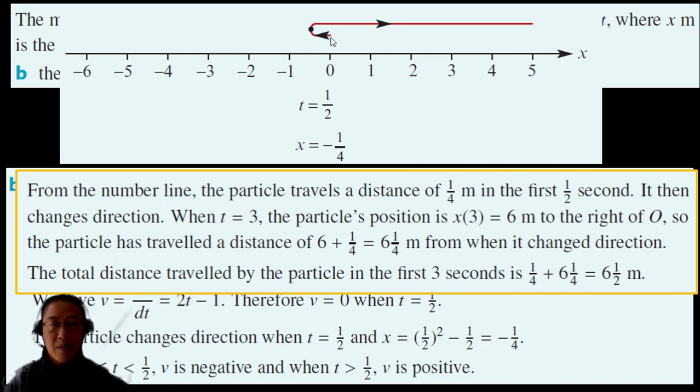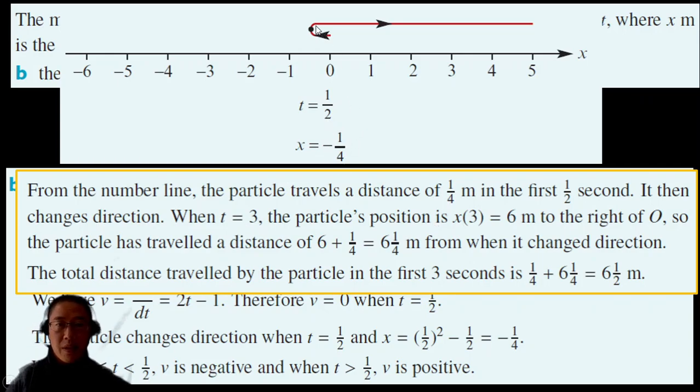So from t equals 0 to t equals 1 over 2, it's to the left, then it changes direction towards the right. Okay. As you substitute t equals 1 over 2, we get x equals negative a quarter. So for the first half second, the distance traveled is a quarter of a meter, which is the modulus of that amount.